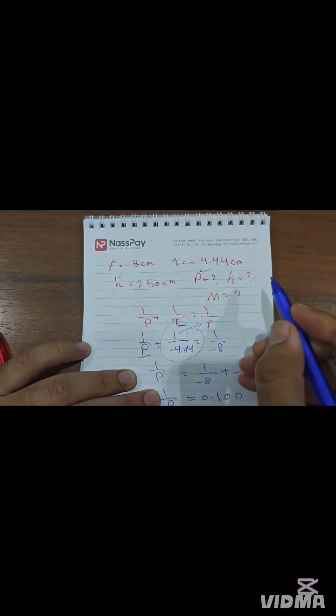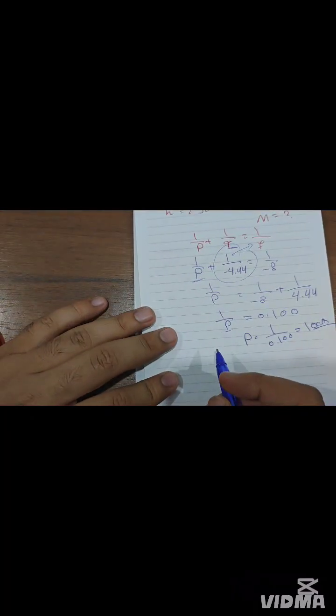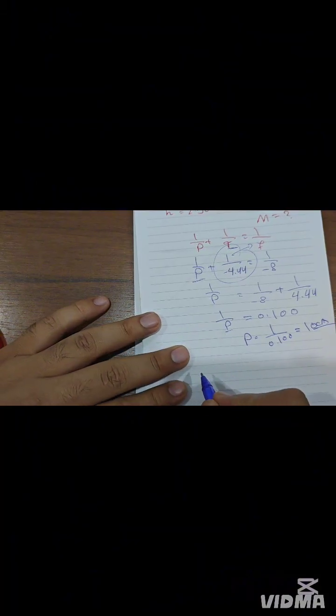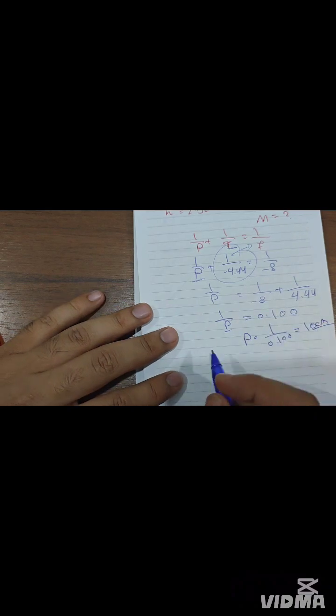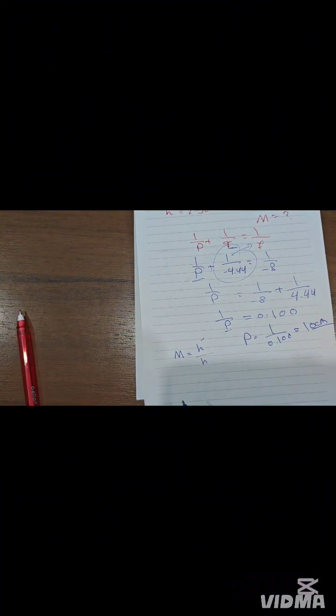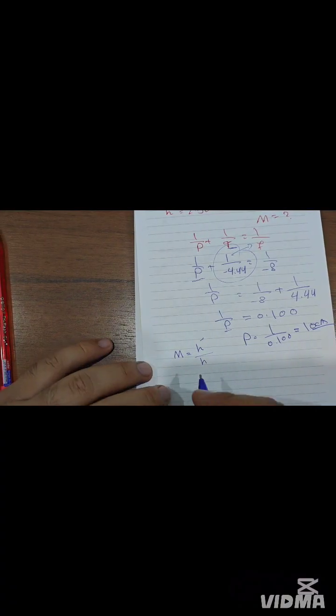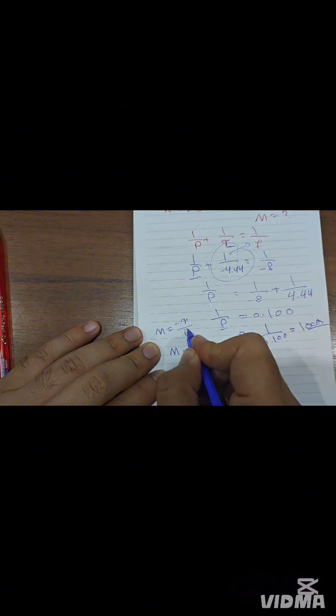Then, having found p, h is left, along with the magnification. We have the rule m equals h dash over h, or even m equals negative q over p.